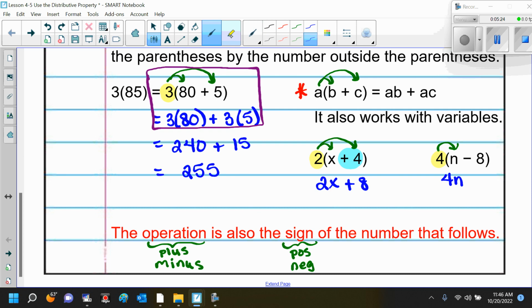And then we're going to multiply 4 times, what kind of 8? Right. We're going to multiply 4 times negative 8. So 4 times negative 8 is, now look at how I write it, negative 32. Is everybody clear with that? So the operation is also the sign of the number that follows.